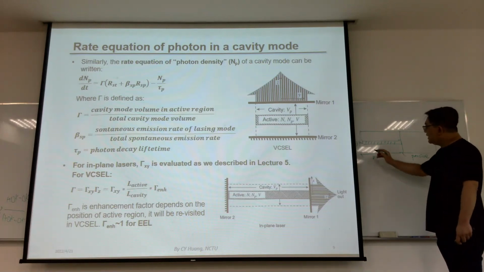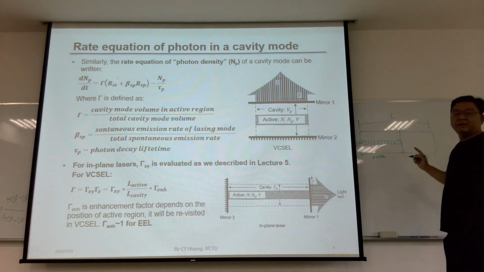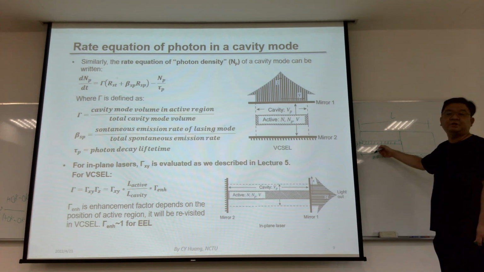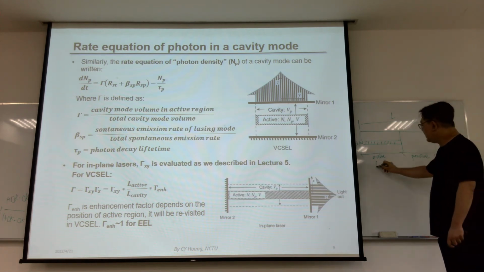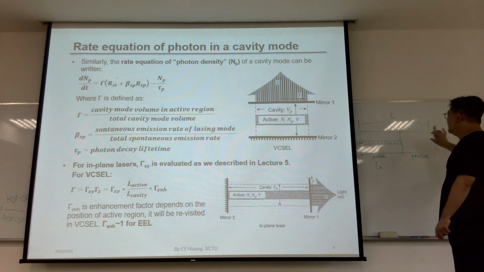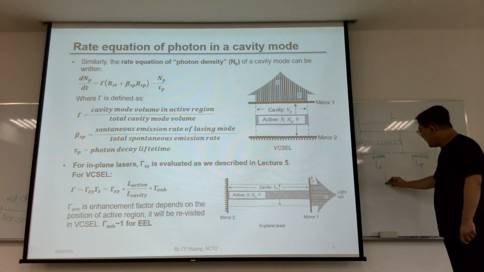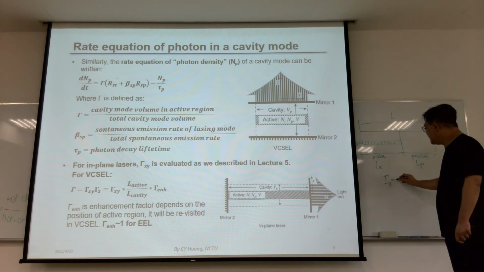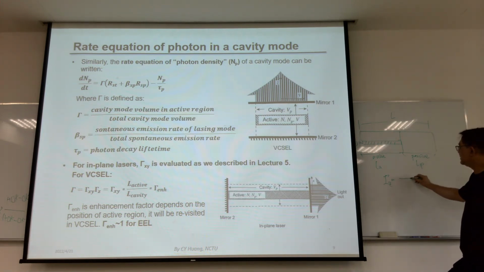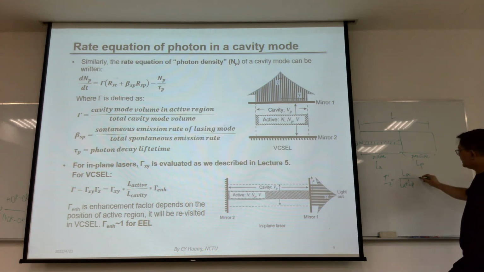Okay, so in this case, the total cavity length might be L. And those parts with active region, which really emits light, could be LA. And those without active region, we can denote as LP. Then the actual confinement factor could be simply written down as LA over LA plus LP, times LA with an enhancement factor.